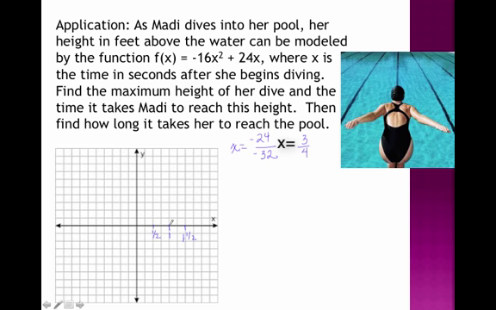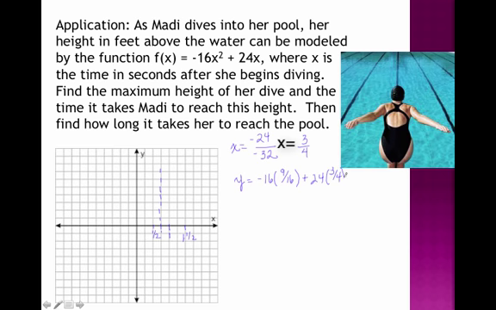Okay, so I know that my axis of symmetry is right here at x = 3/4. I also have my vertex, y = -16 times 9/16 plus 24 times 3/4.